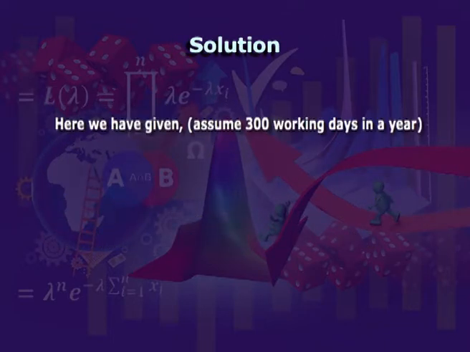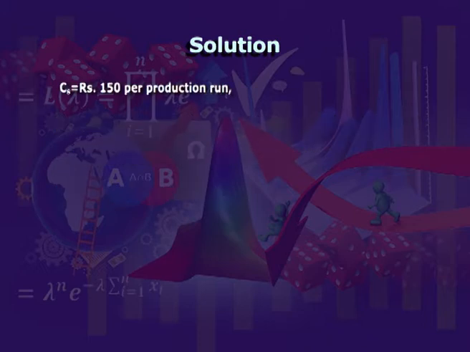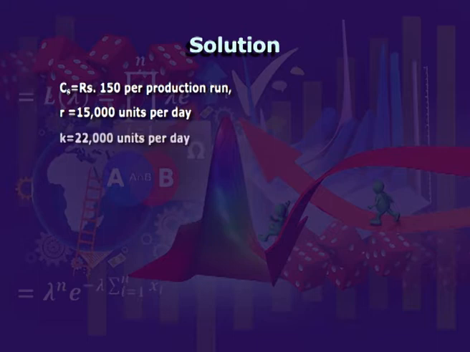Here we assume 300 working days in a year, then D equals 15,000 into 300, which is equal to 45,000,000 units per year. C1 equals rupees 3 per unit per year, CS equals rupees 150 per production run, small r equals 15,000 units per day, K equals 22,000 units per day.